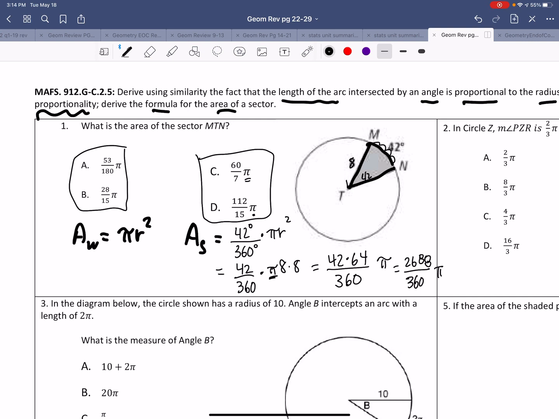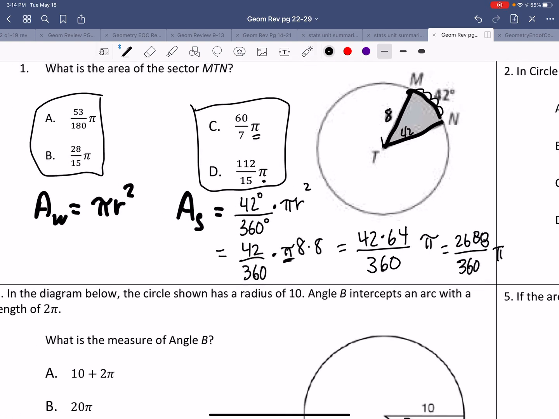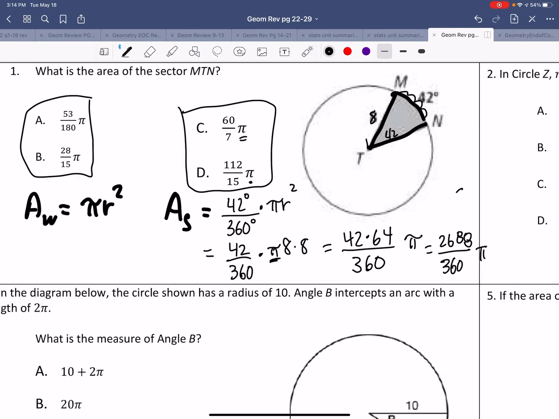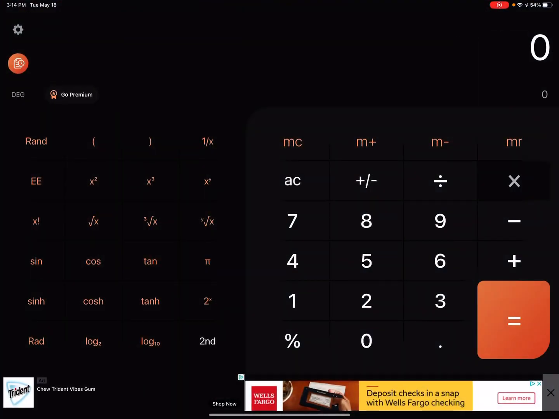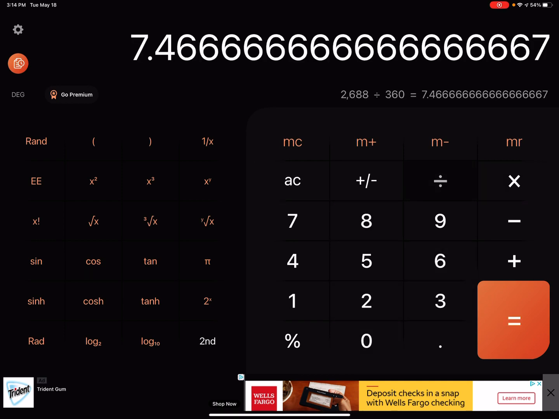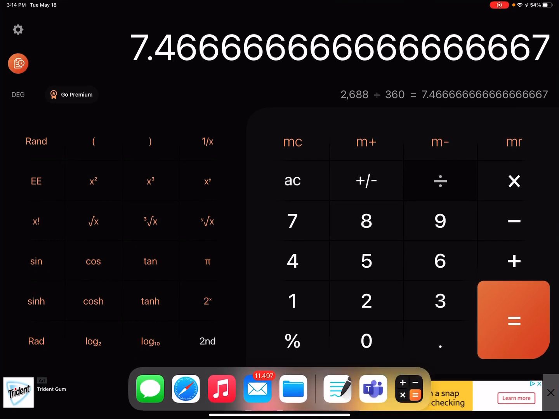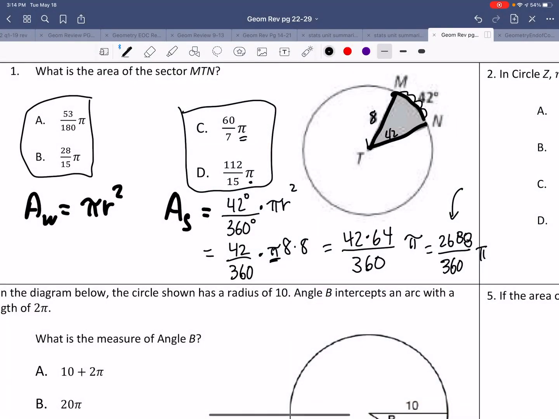Well, I don't have any of these, so I have to reduce the fraction. I can also turn this front part into a decimal and see which one matches my decimal. 2688 divided by 360 is the decimal 7.46 repeating. So it's 7.46 repeating pi.